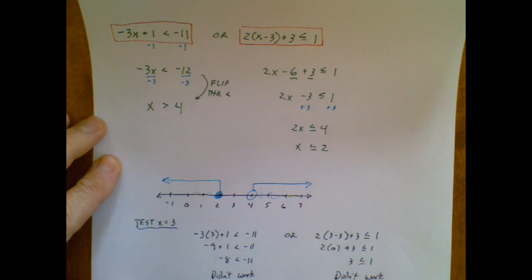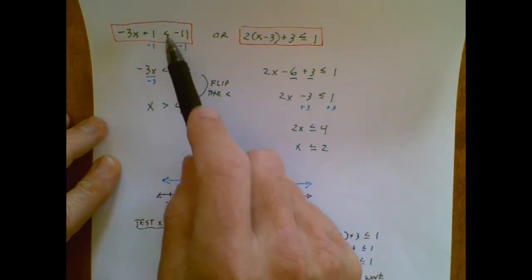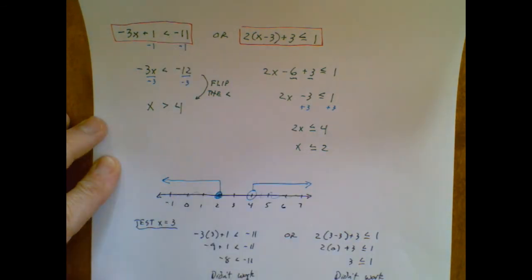Okay, I'm back. I chose a number from no man's land, and I'm plugging it into here and here. When I plug it into here, it works out where I get negative 8 is less than negative 11. But we know negative 8 is not less than negative 11. Remember that in the land of negatives, your brain can sometimes deceive you.